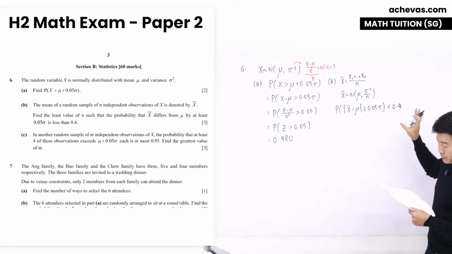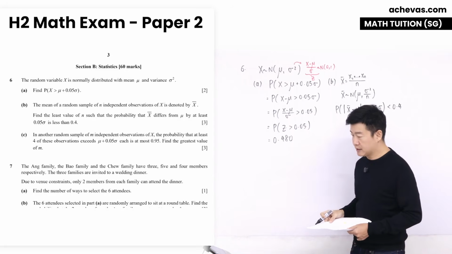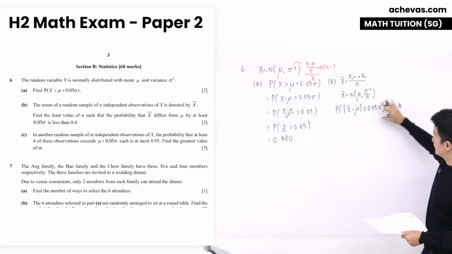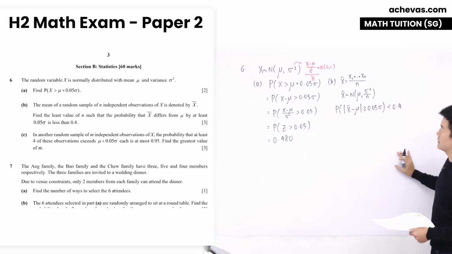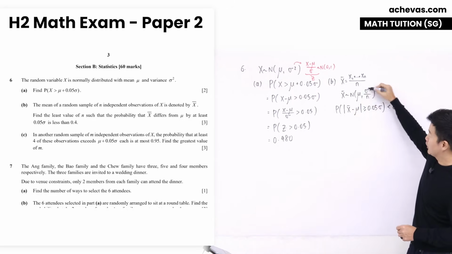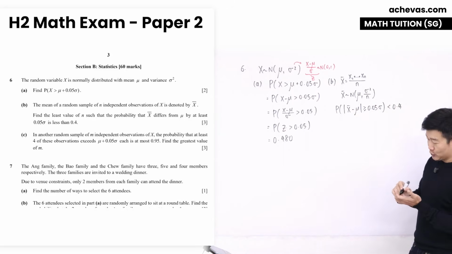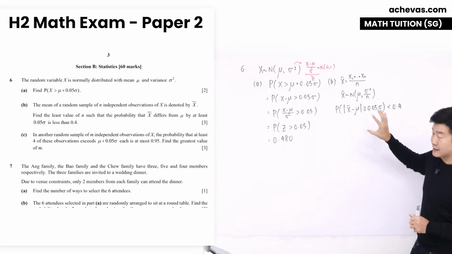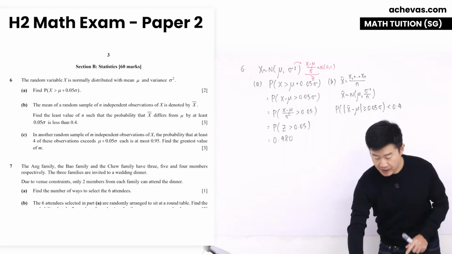So we are going to try to find, according to what the question says, the least value of n such that this inequality is being satisfied. So I guess what we also will need to do, since we don't have a lot of numbers here, is to use the same strategy as this to try to get a standardized version for X bar.